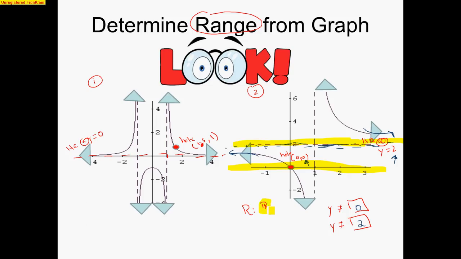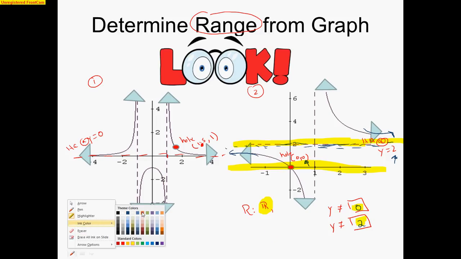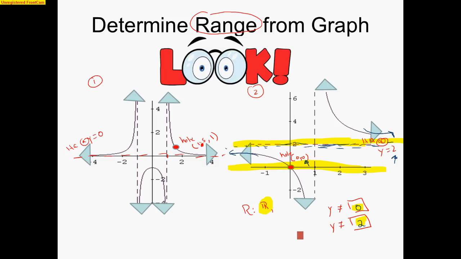If you're saying the range is all real numbers except for these 2, that means that from negative infinity on the y-axis, there is a graph all the way to 0. Then there's not a graph at 0, but there is one from 0 to 2. And then there's not a graph at 2, but there is a graph from 2 all the way to positive infinity. That's what you're saying, that the only place the range is broken is at 0 and 2.